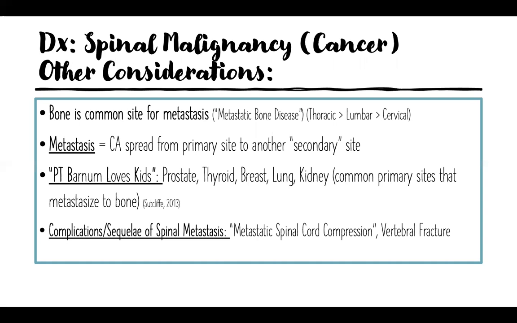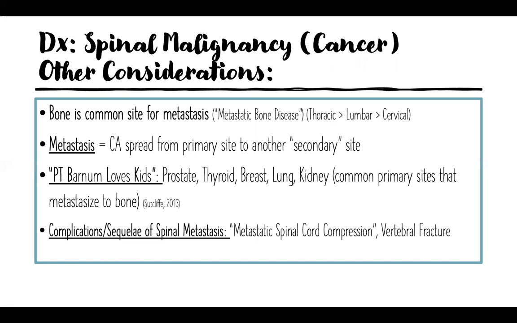And with spinal metastasis, with these lesions in bone, oftentimes what's happening is that a space-occupying lesion is compressing the spinal cord. So we may have what's called metastatic spinal cord compression, or MSCC, as a contributor to some of the signs and symptoms that we're picking up in the patient exam.